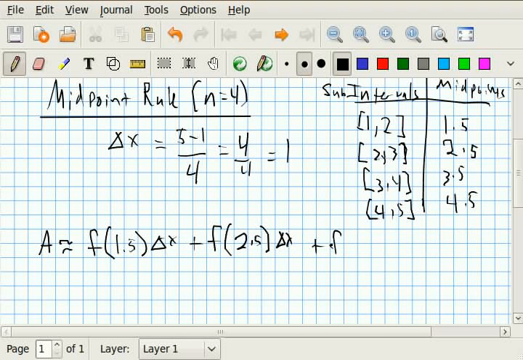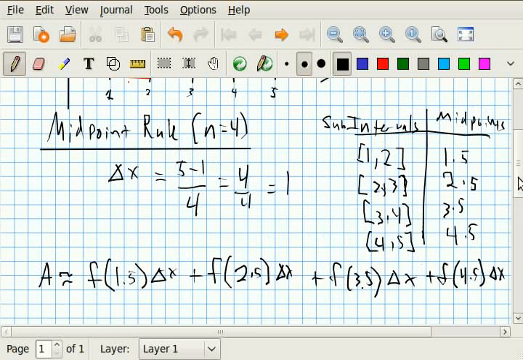The third rectangle, f of 3.5 times delta x. And the area of the last rectangle is f of 4.5 times delta x. Now in our problem, I mixed notations a little bit. I'm putting the actual midpoints in, but really delta x in this problem is just 1.